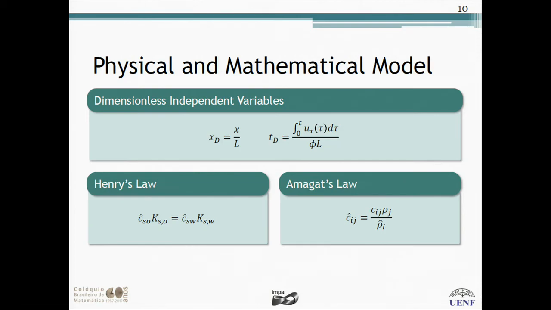So it's the simplest one. And through Amagat's law and the constant density in all phases, we can move from mass concentration to volume concentration. Of course, we also consider L as the characteristic dimension of our porous media. We have dimensionless position and dimensionless time as the number of pore volumes injected.